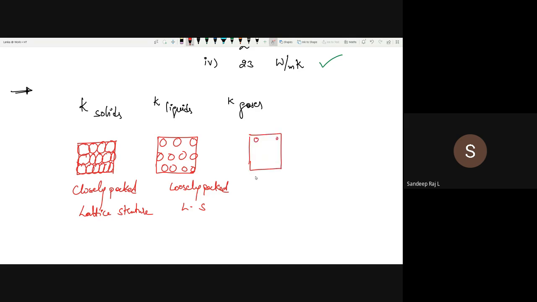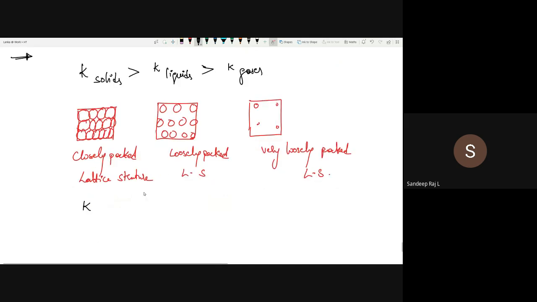It is a very loosely packed structure. So the thermal conductivity of solids will be greater than that of liquids, which will be greater than that of gases. This is the order. Solid will always have the highest thermal conductivity. You take any material in its given form, if it is in solid form. Let us take the example of water itself. Thermal conductivity of water. Water in solid form is called what?